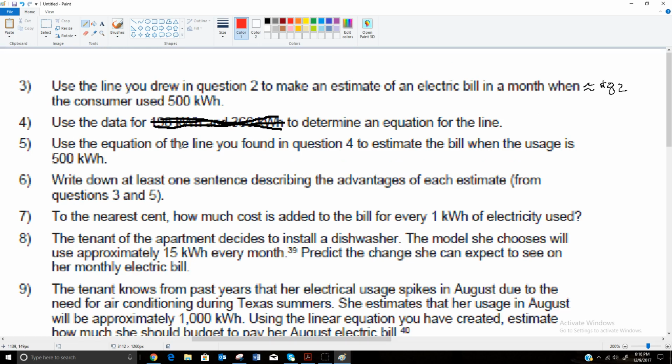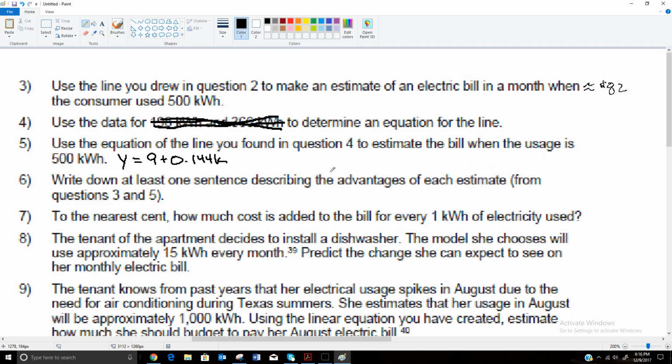Now it says use the equation we found to estimate when it's 500. So we're going to see how close. Remember up here we estimated at 82. So let's look at our equation now. Our equation was y equals 9 plus 0.144k.